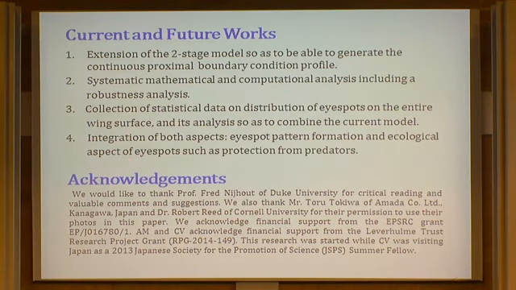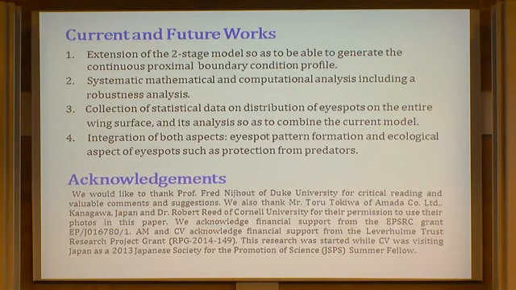The current and future work. We are now working on an extension of the two-stage model, so as to be able to generate the continuous proximal boundary condition profile. Okay? And second, systematic mathematical and computational analysis, including robustness analysis.